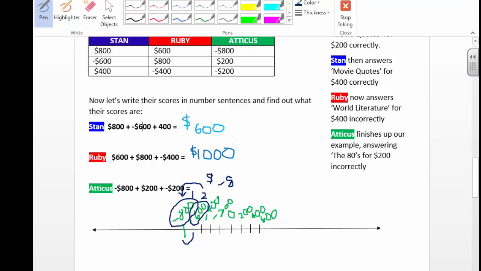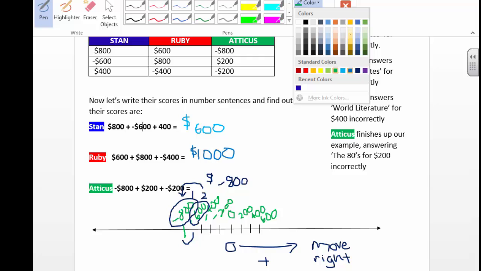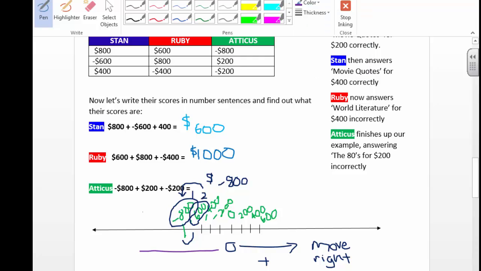Now, I'm hoping that this will give you a good idea about how we go about looking at positive and negative numbers. Always remember that from 0 to the right are going to be your positive numbers, and so if you have a positive number, you're always going to move right. If you have negative numbers, you're always going to move to the left. If you can remember these basic points, you're going to do great in this game.